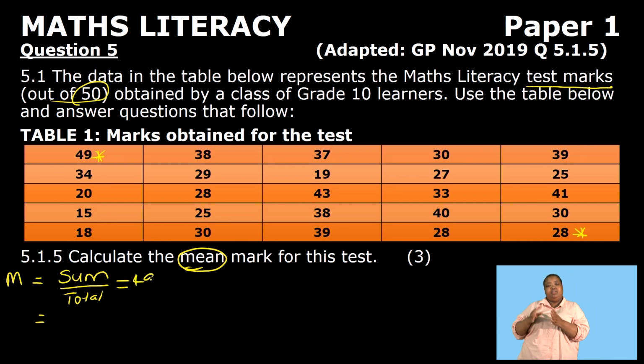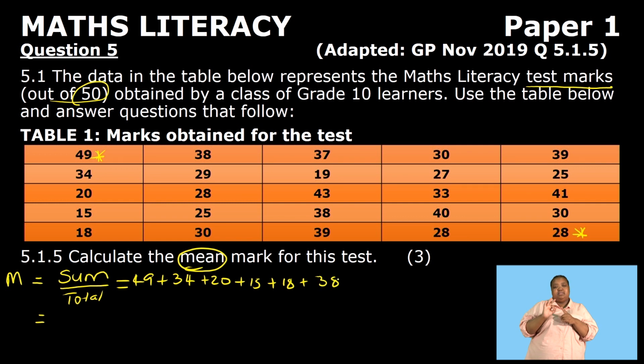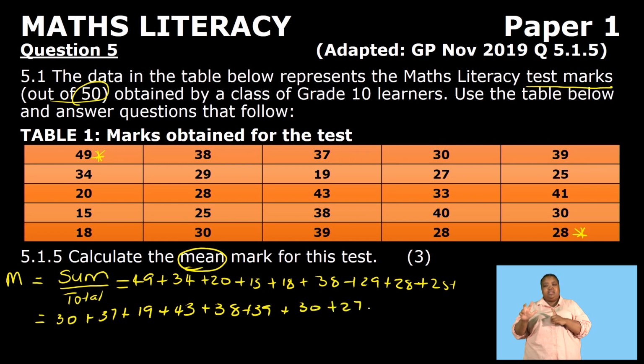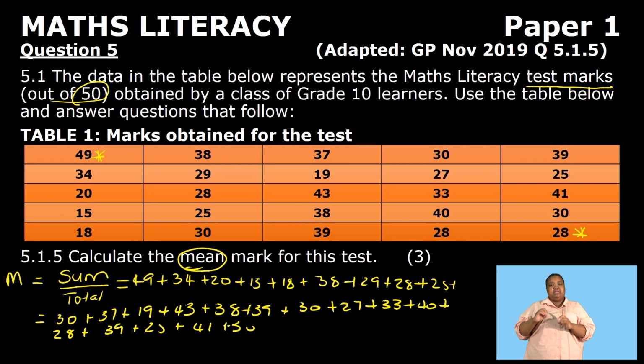So now this one got a 49 plus 34, 20, 15, 18 plus 38, 29, 28, 25, 30, 37, 19, 43, 38, 39, 30, 27, plus 33, plus 40, plus 28, 39, 25, 41, 30, and lastly 28.